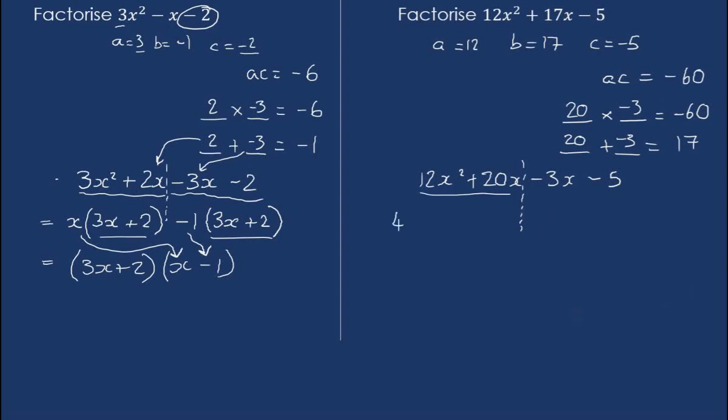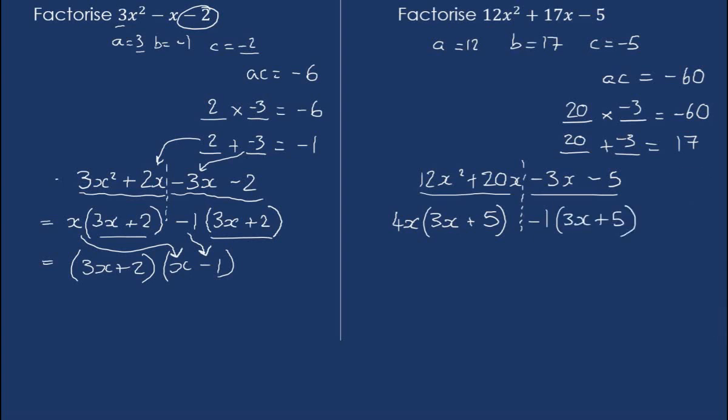There's 4x common in both, and we multiply that by 3x to get 12x squared plus 5, and that would be it. Okay, and when we factorise this part, again there's a negative common to both of those, and 1 is my highest common factor, and I would multiply that by 3x plus 5 to give me that expression.